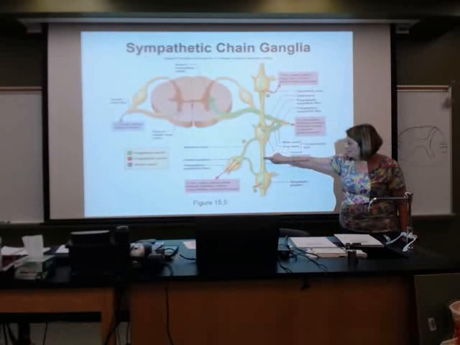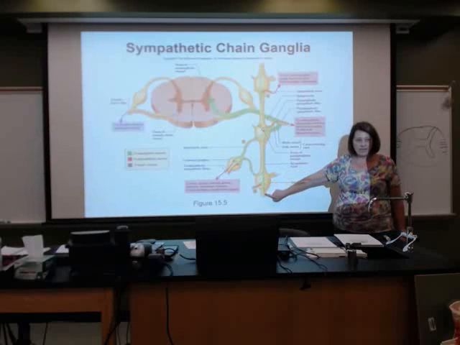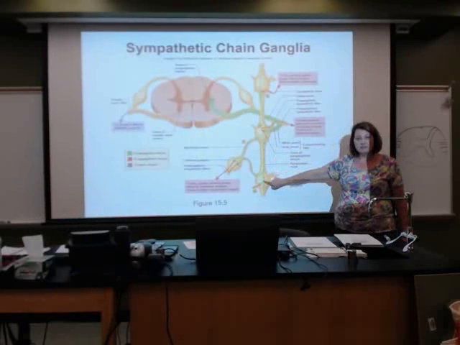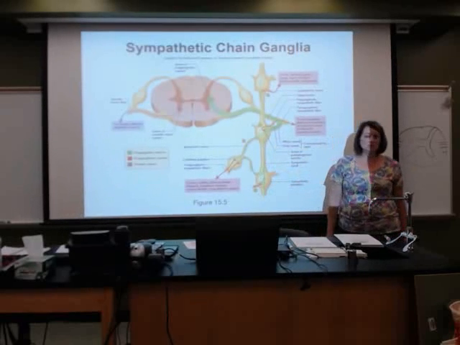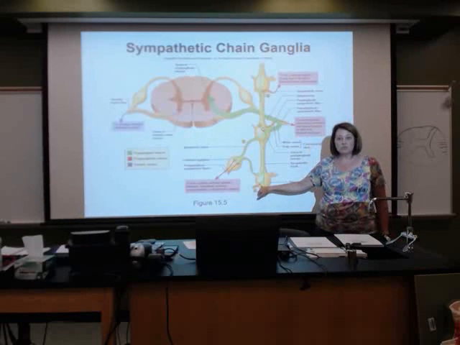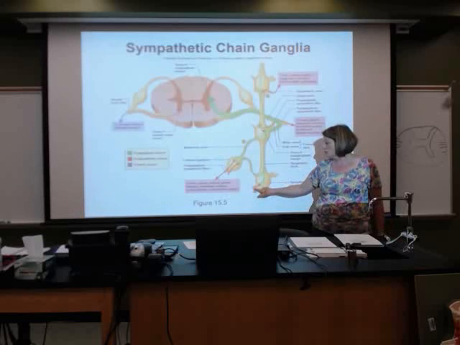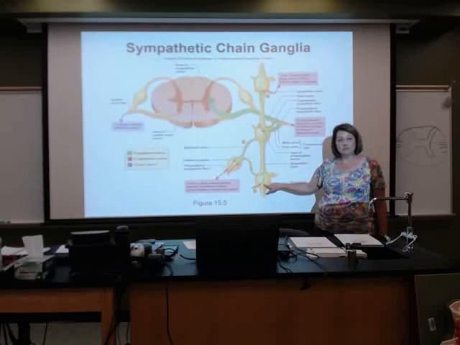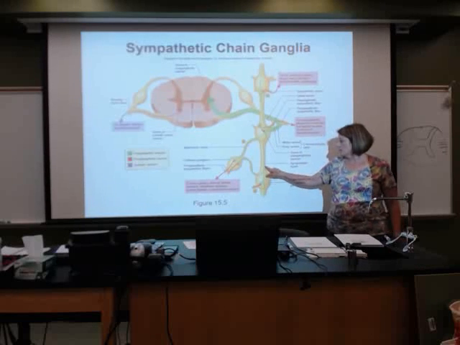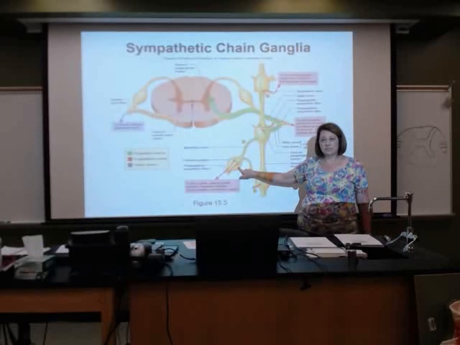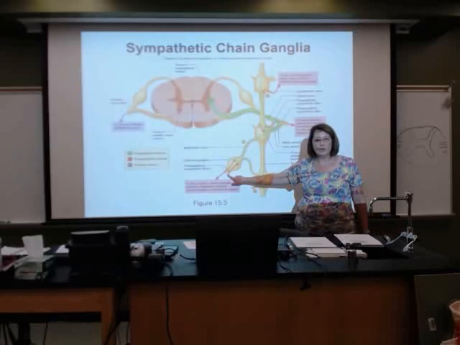Now, as it travels down the chain, what we're seeing is an option would be to synapse directly with a post fiber in one of these ganglion, or to travel to an accessory ganglion and synapse with the post fiber.